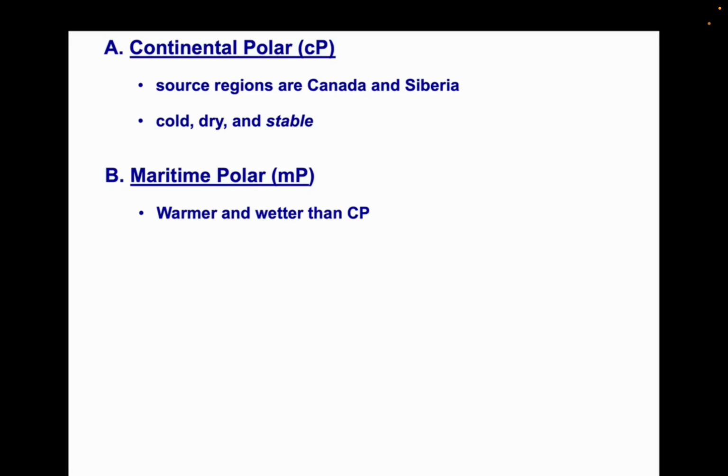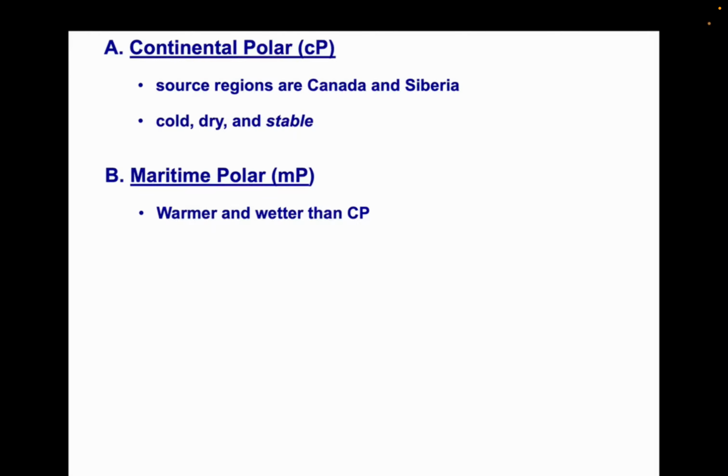Okay, but the continental polar and the maritime polar are both relatively colder, right? Because they are situated closer to the poles, but the continental polar is a cold, dry, and stable air mass, right? And its source regions are Canada and Siberia. These are really very, very close to the poles.